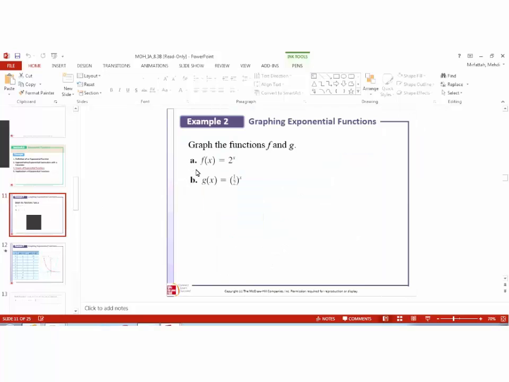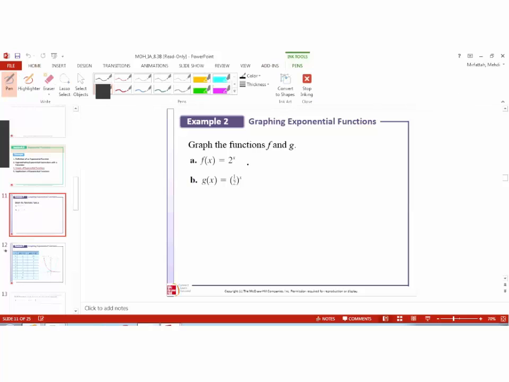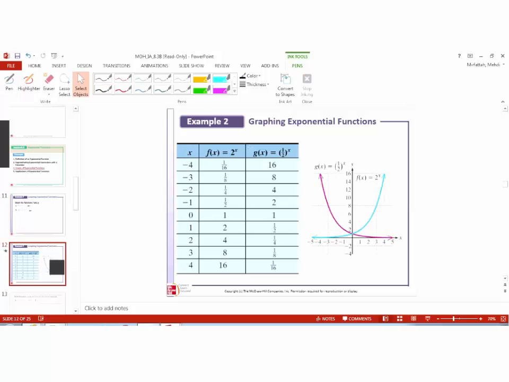So if you look at these two graphs here, y is equal to 2 to the power of x, or g of x equal to 1/2 to the power of x. The difference between these two, as you see, is that the base here is greater than 1, and the base here is less than 1. So if you look at the graph of these, you can use our graphing calculator or just plug in numbers like this.